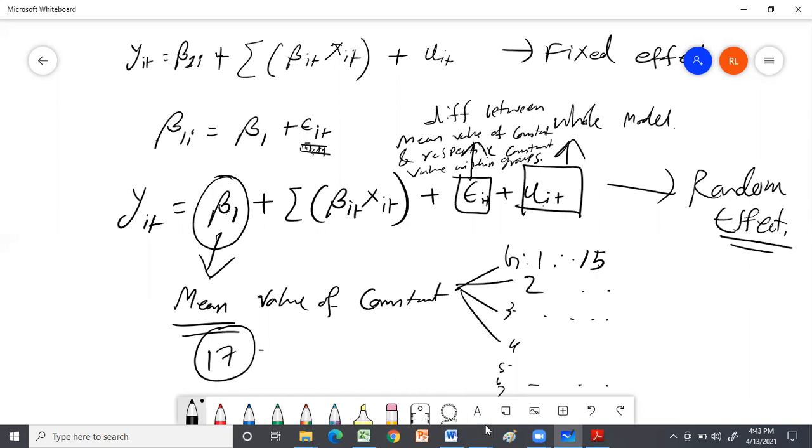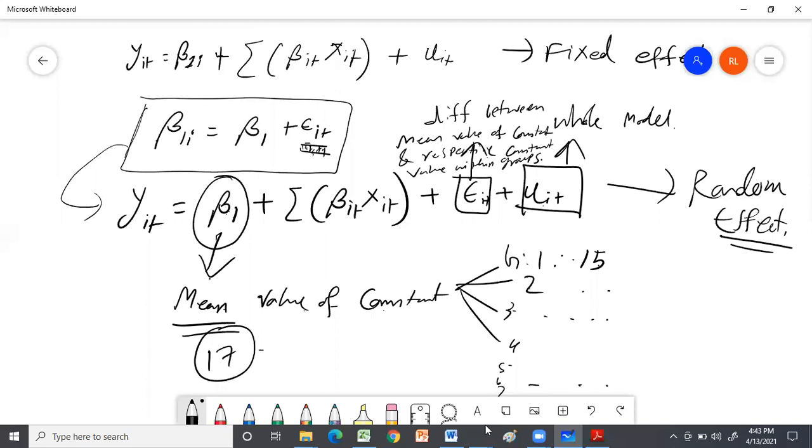Okay. So when we differentiate separately here in the model, this mean value of the constant would be followed by the beta 1. There is no I, there is no T, because we have taken the mean value, which is actually one single constant value. And after that, we have incorporated 2 error terms here.